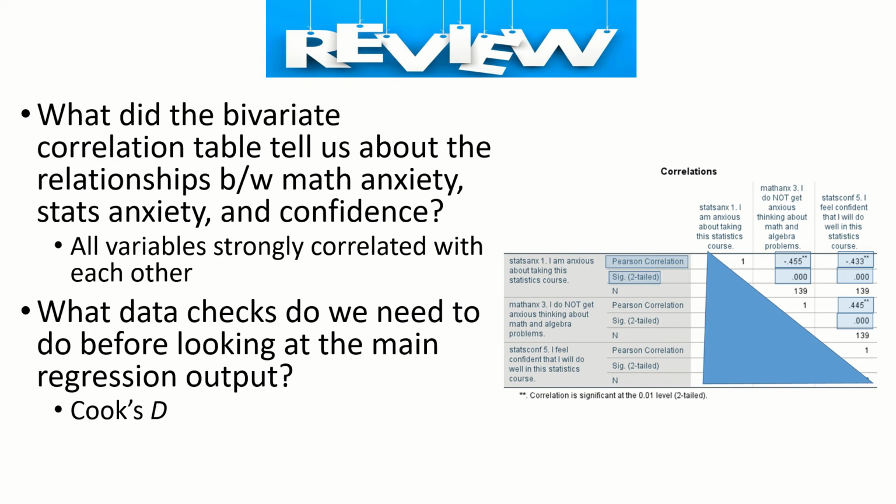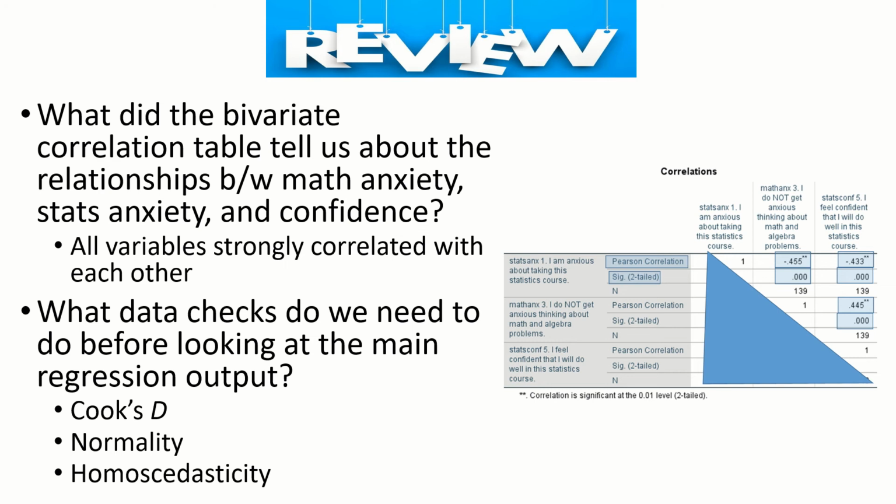We want to make sure that there are no potential outliers, and then we can check for normality and the new data check that we hadn't mentioned before, homoscedasticity. Homoscedasticity is like the equality of variance assumption for multiple regression.